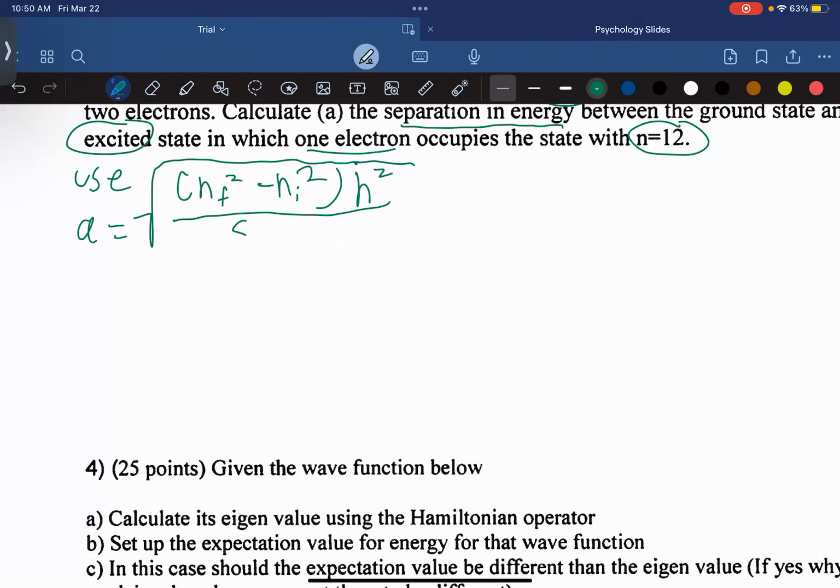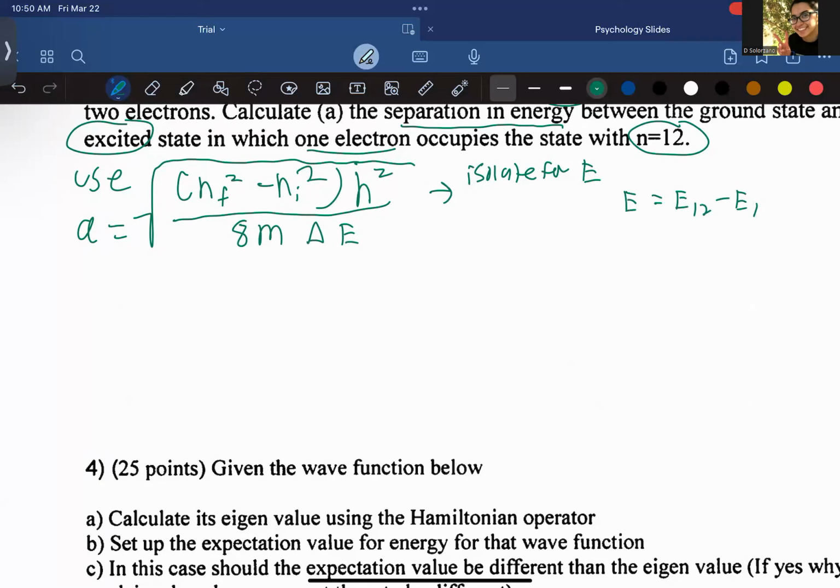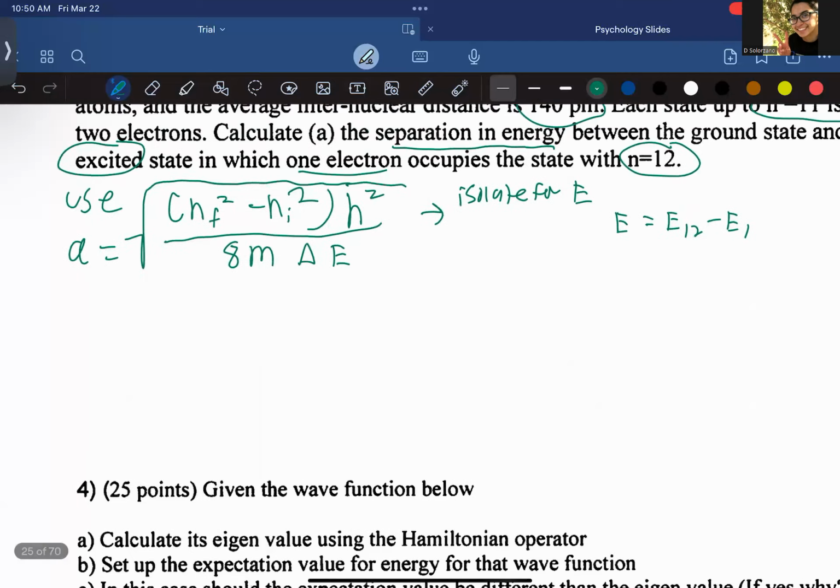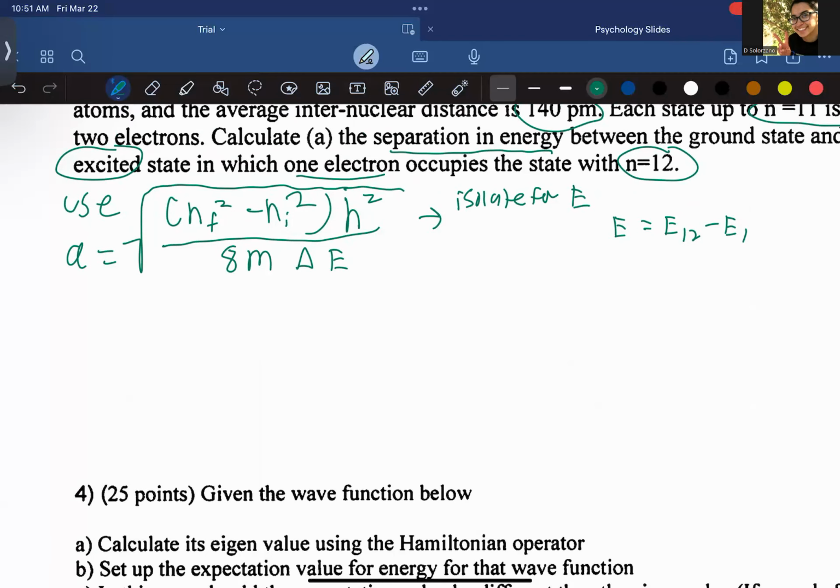Over the delta E. And then what we're going to want to do with this is isolate for E. Where I believe the E is probably going to be something like E12 minus E11. Would that be correct? I feel like that would be correct because it's like the higher and lower. So we would need to isolate this out and then see how it looks from there.